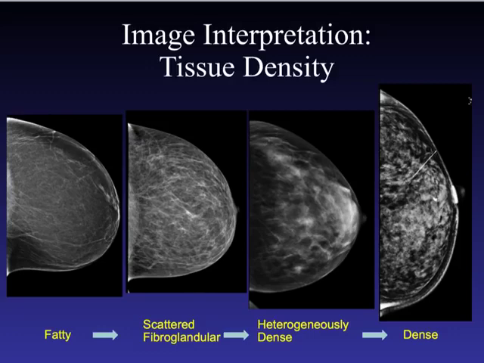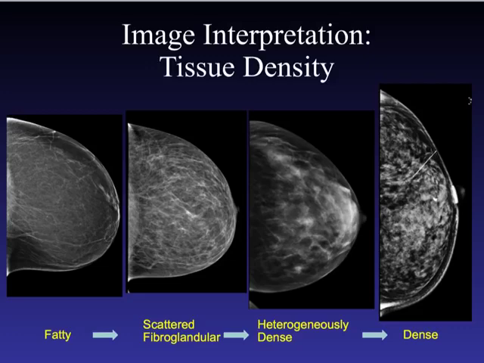The next level is something that we call scattered fibroglandular densities here, and you can see that there are these little white areas within it that represent little areas of fibroglandular tissue. And then we get into the next category, which is called heterogeneously dense breast tissue, and you can see that there's far more white glandular tissue here scattered throughout the breast. And then the last category is dense, which is here, where the breast is predominantly that dense fibroglandular tissue.